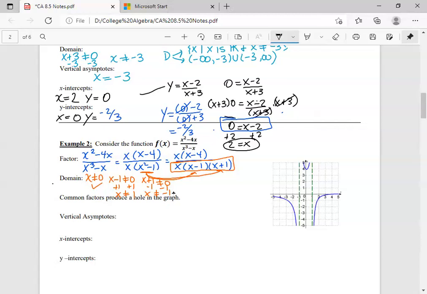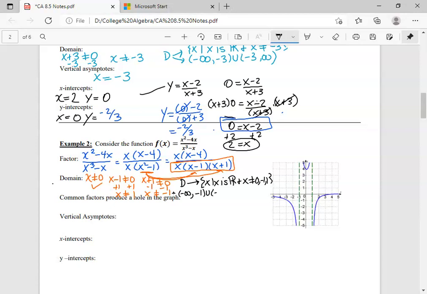So we would say our domain is all x's such that x is real and x is not 0, negative 1 and 1. You could also write that as we're good from negative infinity to whichever one of these comes first, so you would say negative 1.